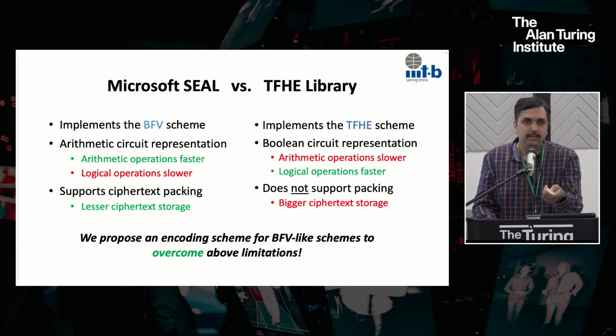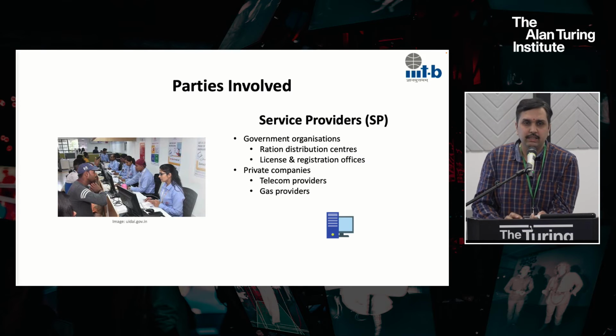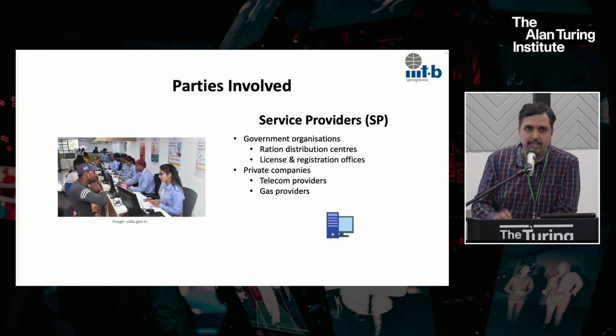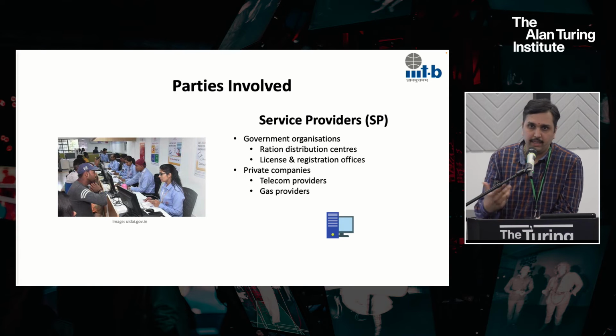Okay, good. So here I'll quickly go through the architecture. There are three entities. First, the service providers, for instance gas companies, who want to use the digital ID service to identify prospective clients.